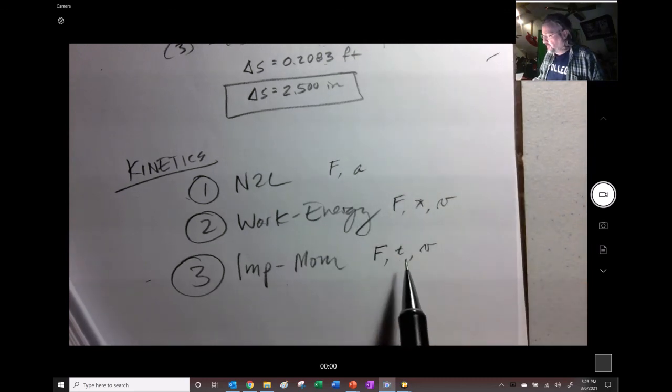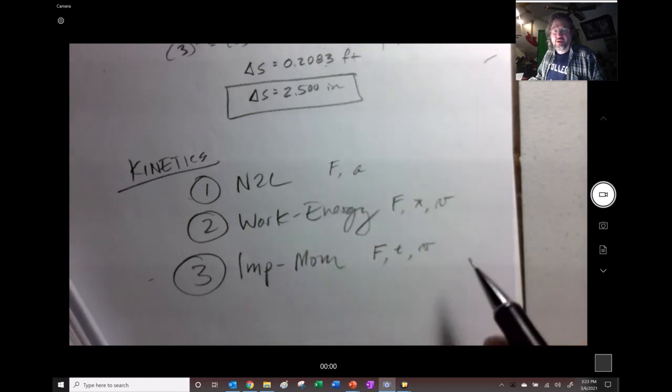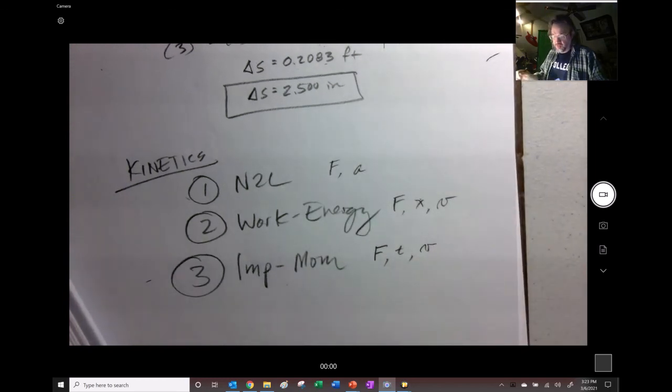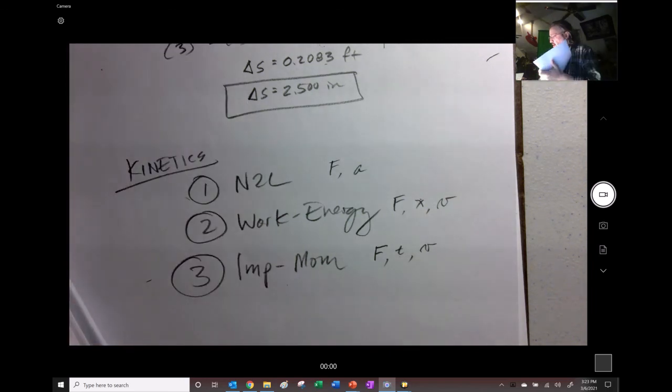These can kind of show you which types of problems are more suited to which method we're going to use. Some problems lean towards a particular method.